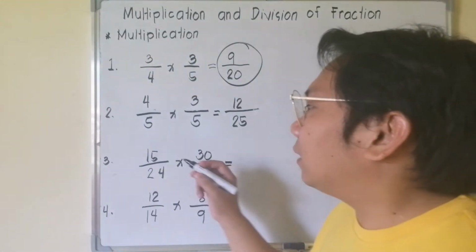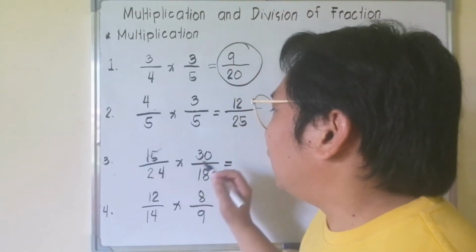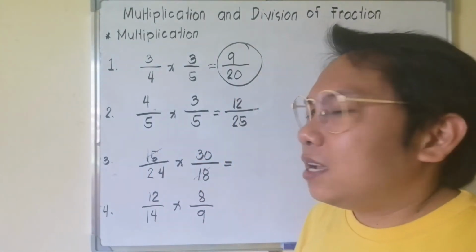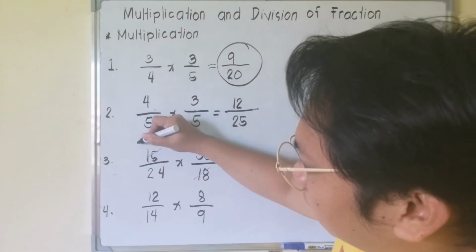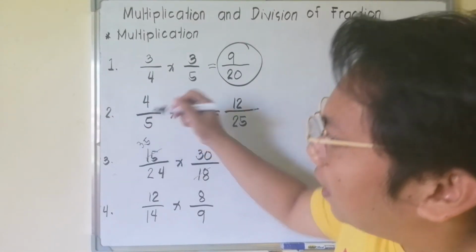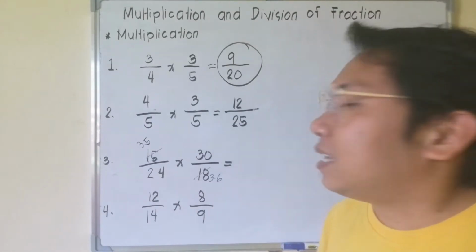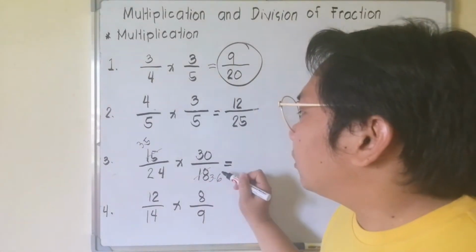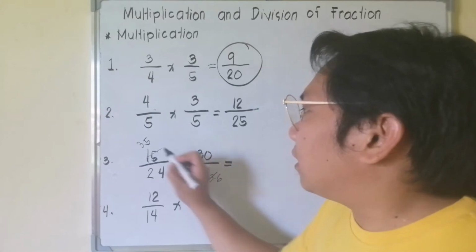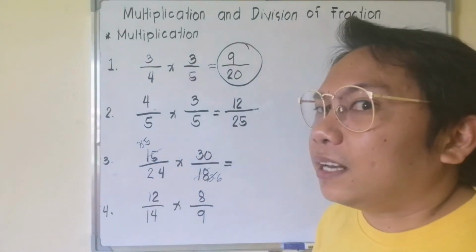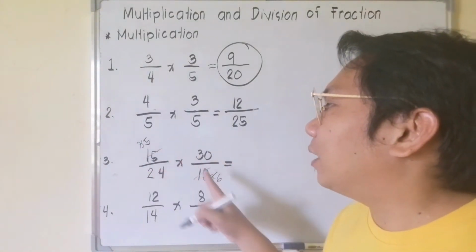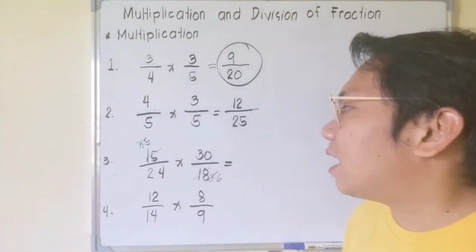You know that 15 is 3 times 5, and 18 is 3 times 6. Right? So, we can cancel out 3 here with 3 na nasa taas. Kaya meron na tayong natirang 5 and 6 na lang.